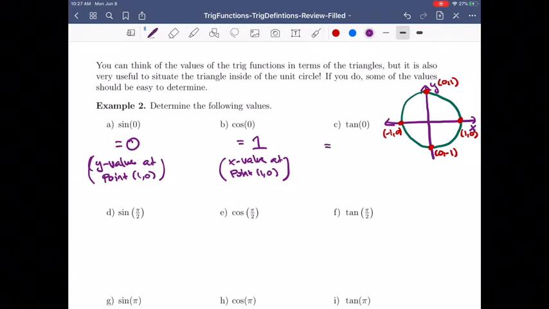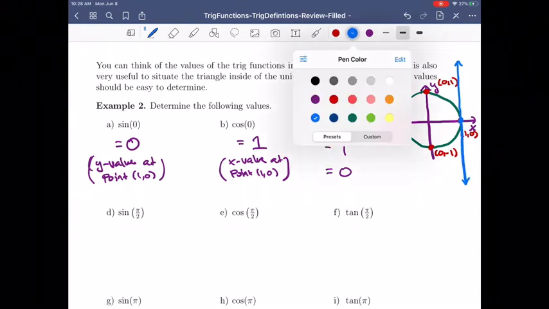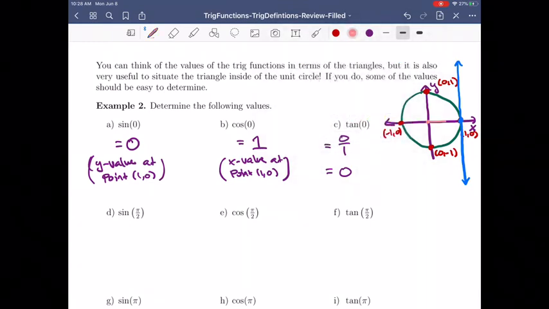Now tan, you can always do as sine over cosine, so it's going to be 0 over 1, or just 0. Another way to think of tan, which is kind of neat, is if you do a vertical line at x equals 1, and I draw an angle here in pink, then this height, where the terminal side intersects the line, is actually tan theta.